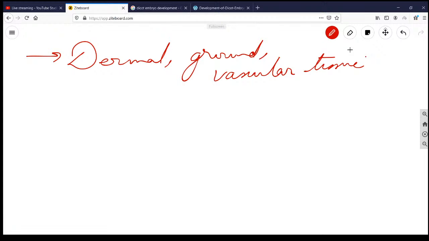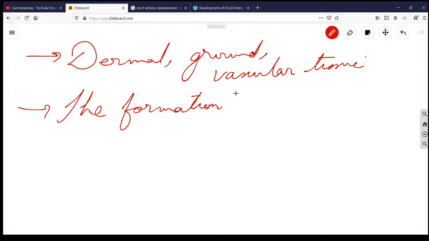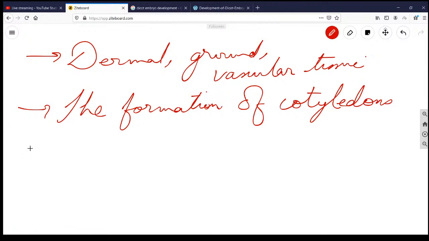The formation of two cotyledons in the dicots gives the embryo a specialized heart-shaped appearance.